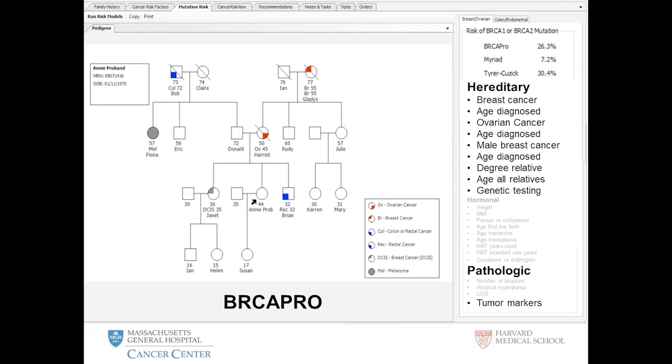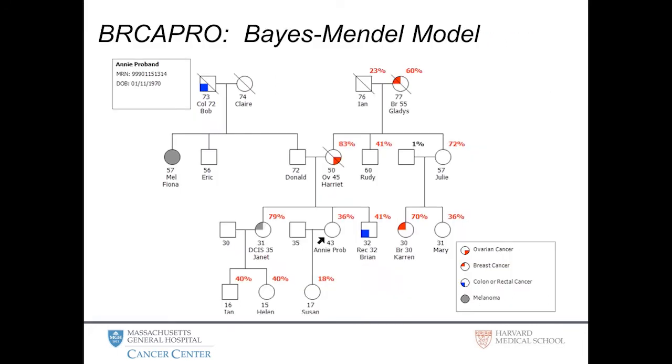And by putting that together, it can give you the risk of mutation not just for the patient herself, but also for each of her relatives. So you can see here the risk of mutation within the family. You can identify the woman at highest risk of having a mutation, who would be an ideal candidate for genetic testing. But it would give you a tremendous amount of information, not just about your patient, but about her entire family.